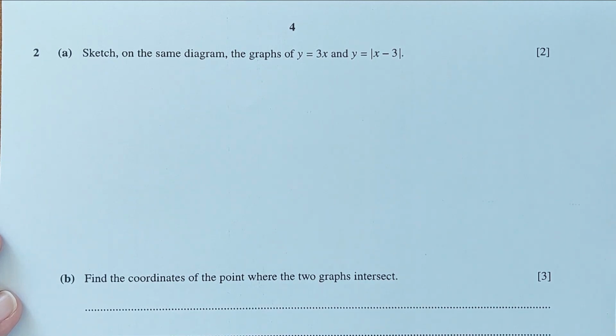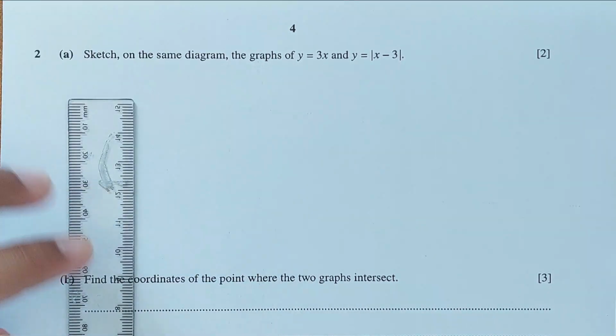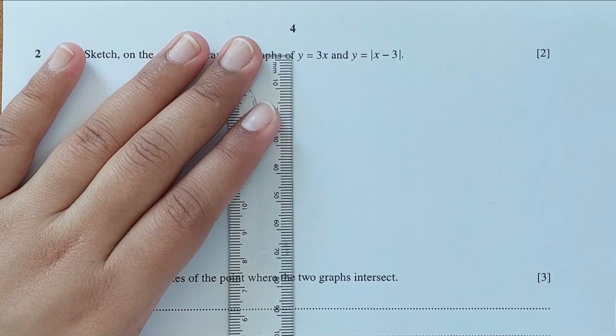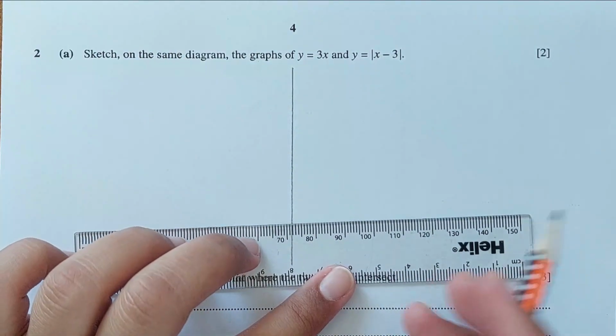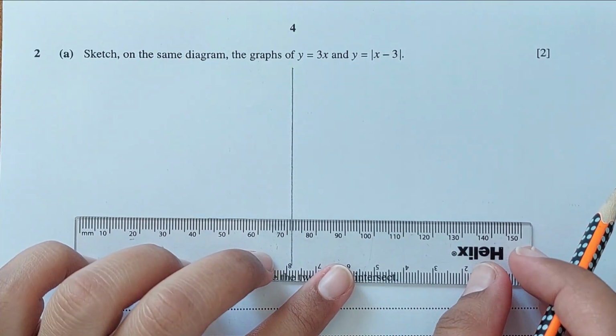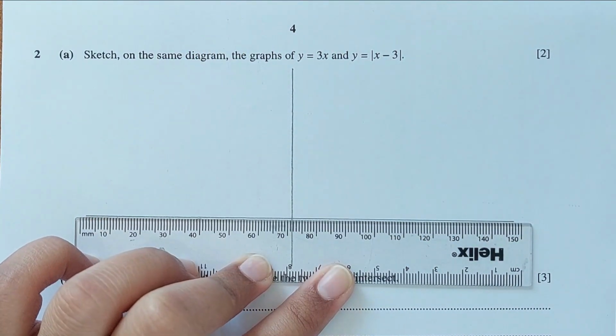First we have to make the grid. We have 3 and negative 3, so we need to take the absolute value.